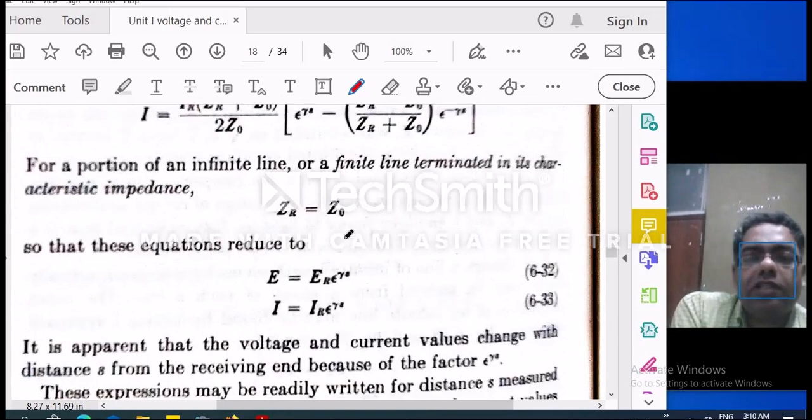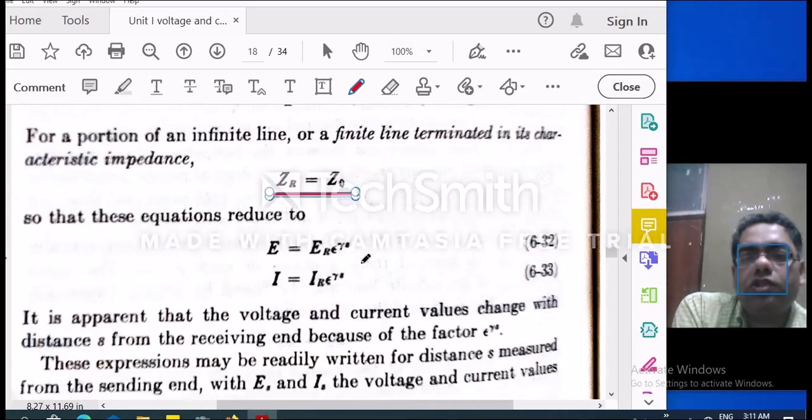In the expression of E and I, if you substitute ZR equal to Z0, it reduces to only this much: E equals ER e to the power gamma s, and I equals IR e to the power gamma s. So what does this expression indicate?